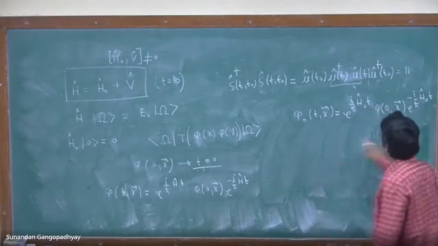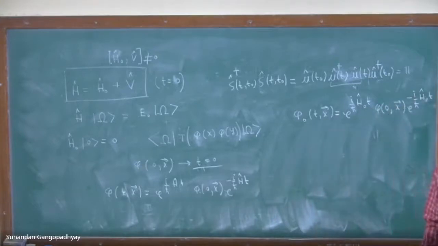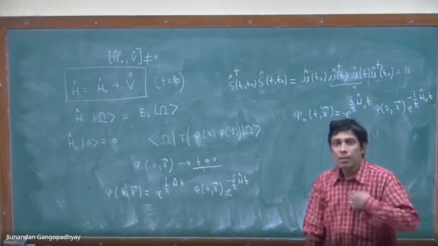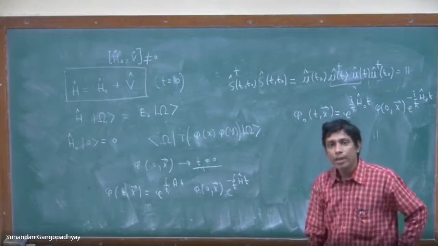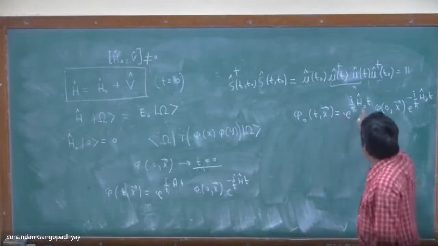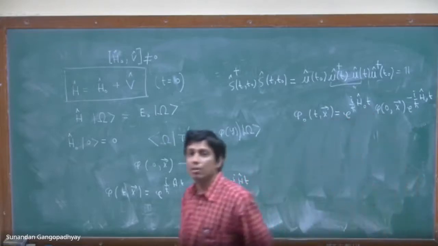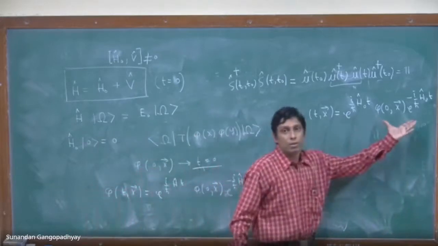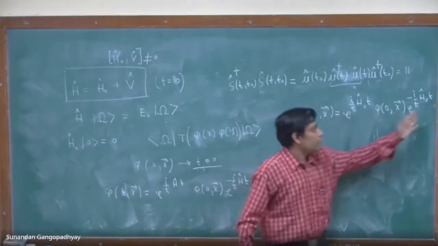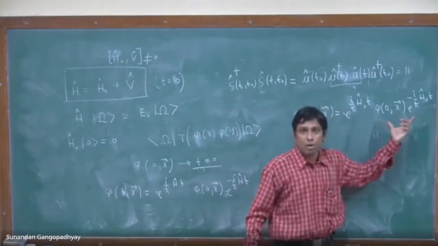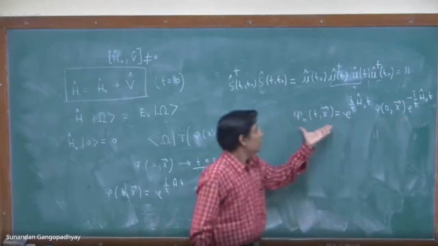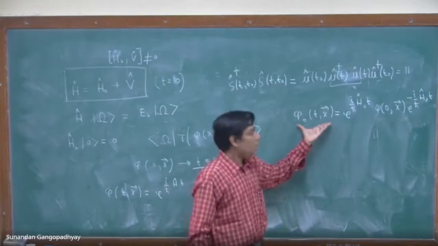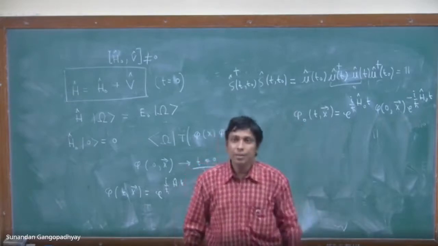What is this operator phi 0 t comma x? This is the operator in the interaction picture. Why? Because this operator evolves via the free field Hamiltonian H hat naught. So a field configuration at time t equal to 0, if it evolves via the free field Hamiltonian H hat naught, then the corresponding operator that you get is the operator in the interaction picture.